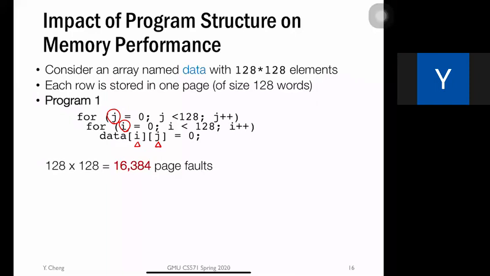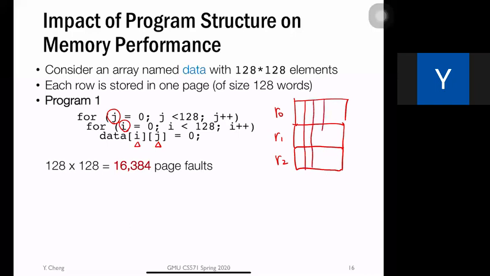If you take a look at the memory layout, this is how exactly it works. These are adjacent rows, or adjacent pages: row 0, row 1, row 2. Within each row, it has different columns. This is essentially i, and this is essentially j, with j being 0, 1, 2, up to 127.